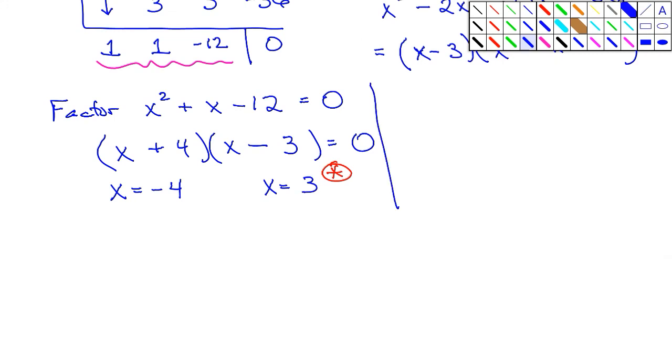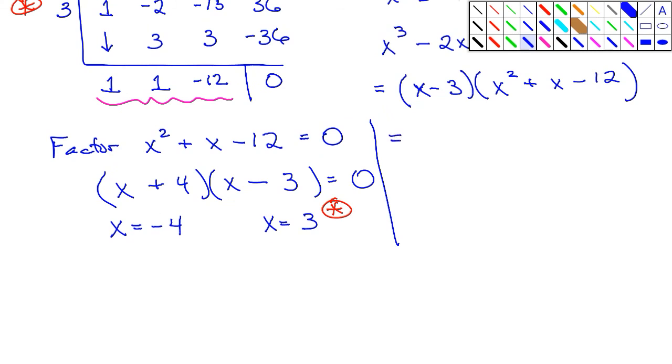The way to think about this is that the original cubic factored into x minus 3, and then x plus 4, and then x minus 3 again, using this factorization right here.